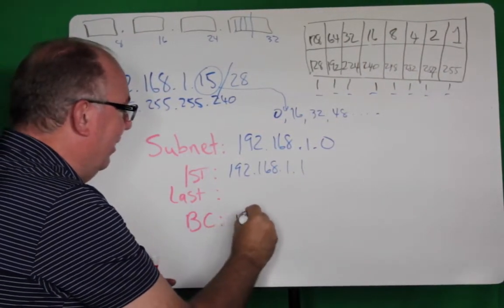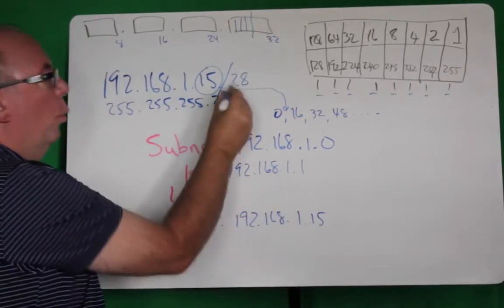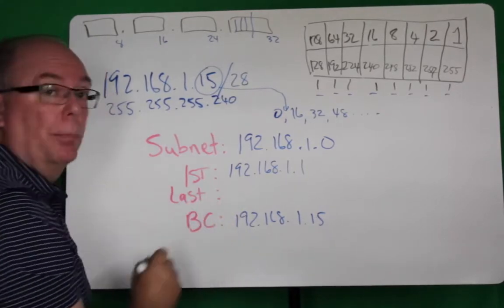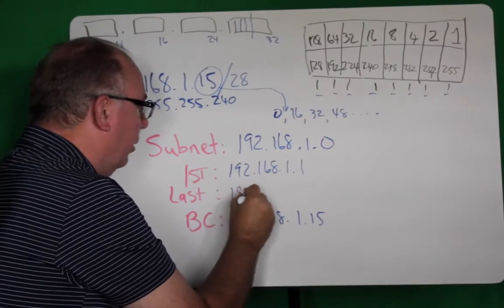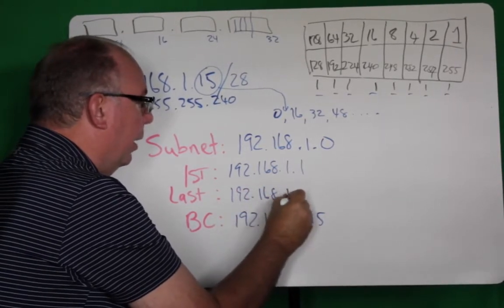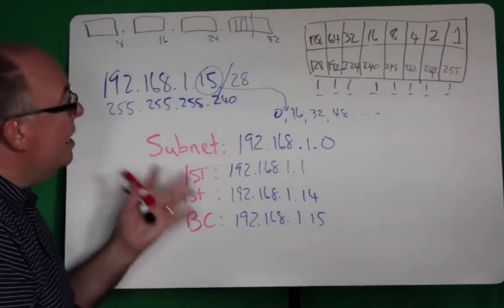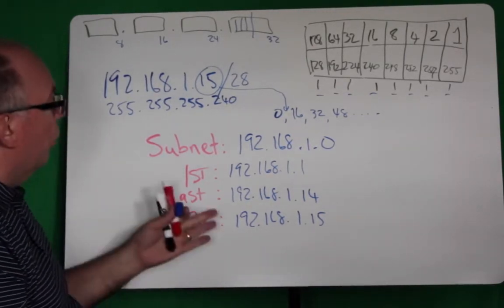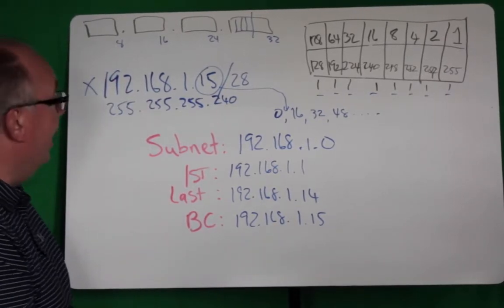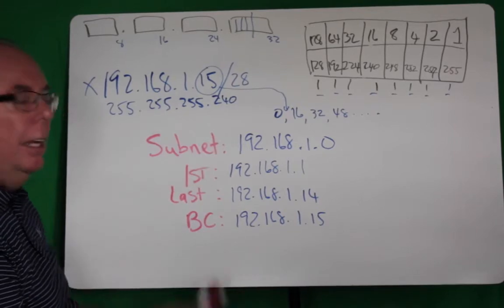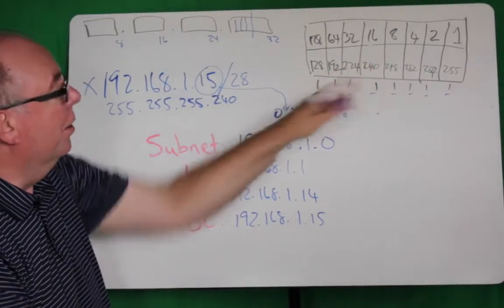So 192.168.1.15 with this /28 mask is the broadcast address. And if we subtract 1 from that, 192.168.1.14 is the last actual usable address in the subnet. So what we've learned is that this is actually not a usable IP address. How fascinating is that? And we have fully analyzed this subnet using that tool to help us to unlock it.